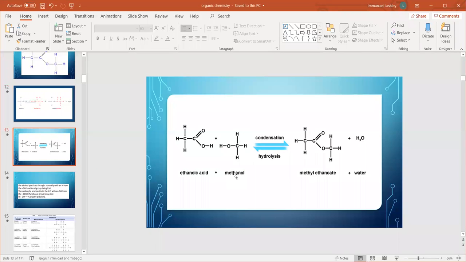Now, if we were going in the reverse direction, we would take an ester plus water and it undergoes hydrolysis. We would produce an alcohol plus an acid. But right now we're just looking at the acid and the alcohol coming together, and that gives us the ester plus water.